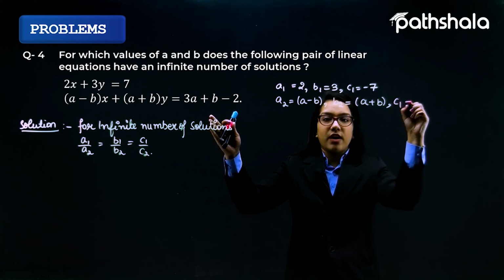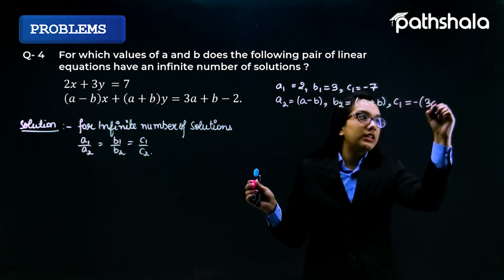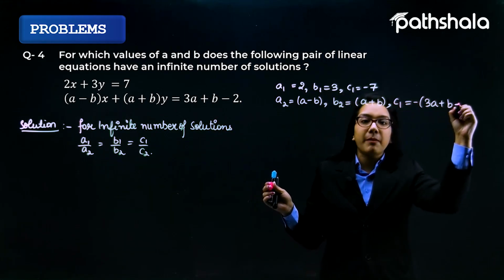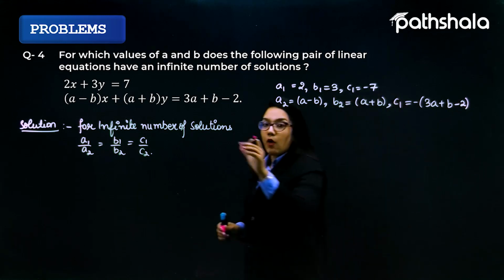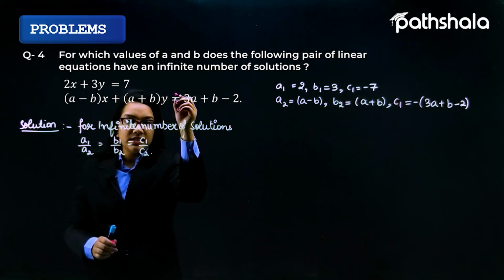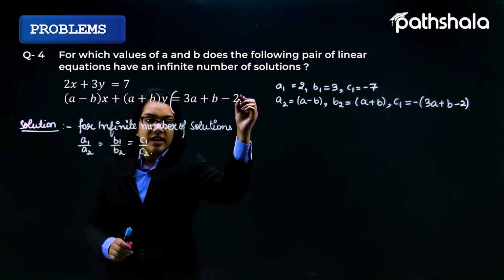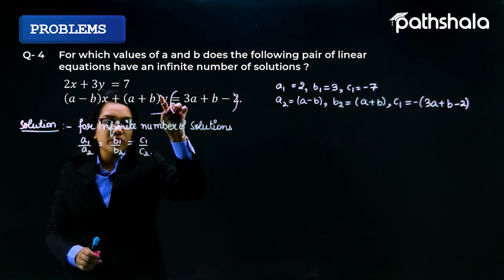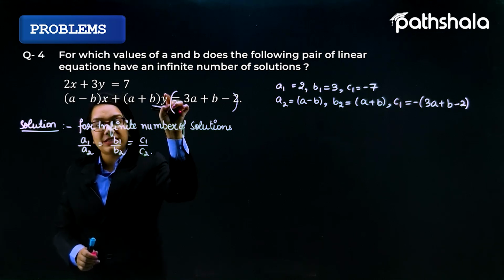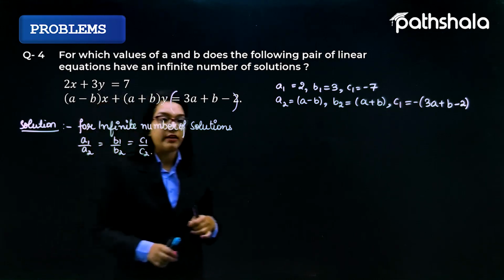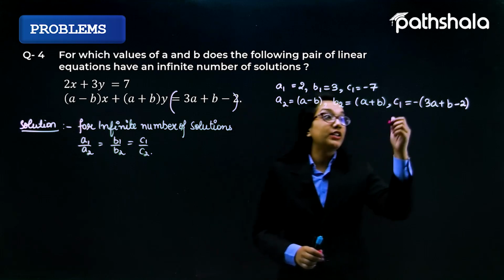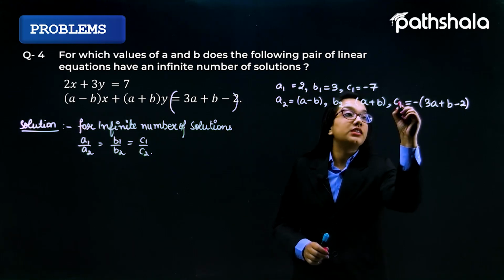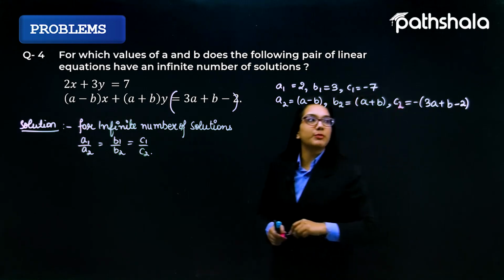Further, we have c2, which is -(3a + b - 2), because all these terms are constants, and we have to take them to the other side. If they are positive on this side, then when they move to the other side they become negative. So c2, sorry, it is not c1, it is c2, is -(3a + b - 2).